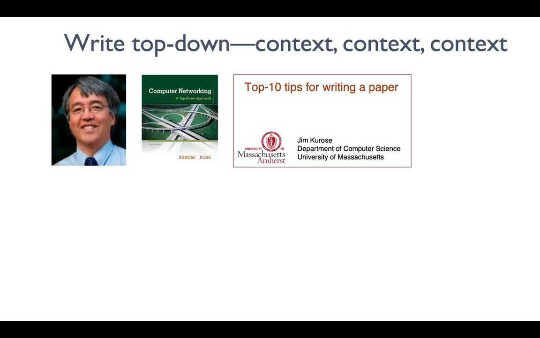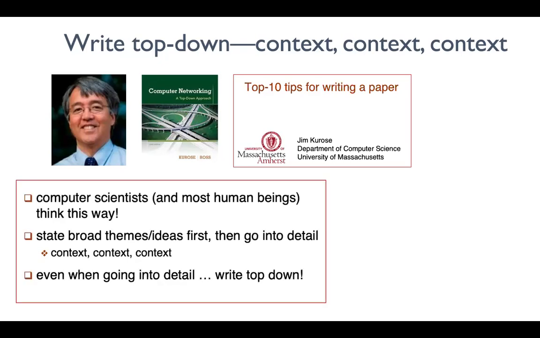So I'm going to give you an excerpt from his presentation, in which he says that writing top down is, in fact, thinking top down, which is how most people and most computer scientists think. So accordingly, we should first of all state the broad themes, the main ideas, before going into the detail. We shall see that the other approach, which is also common, is more confusing, in which you start with the details and then you come up to the ideas.